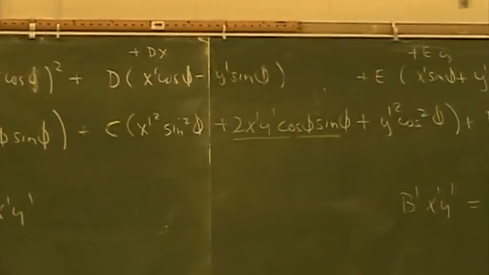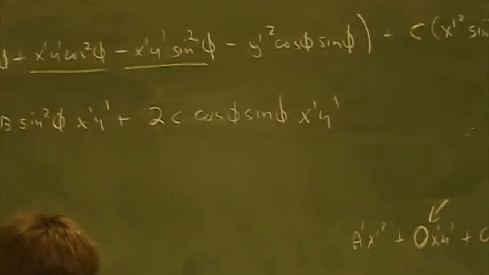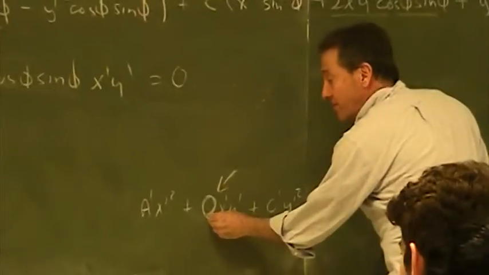Did I miss anything? Now, what am I going to set that equal to? 0. Why? Because you want this b prime thing to be 0.